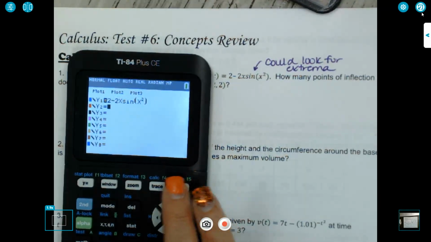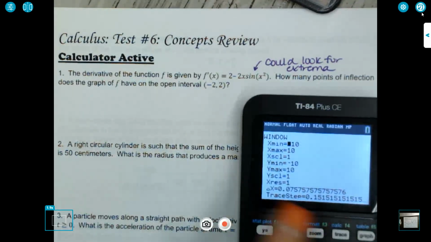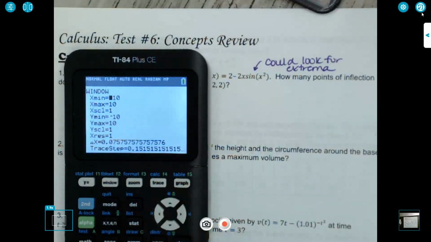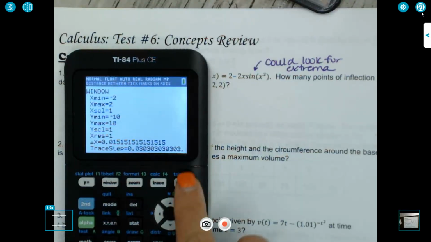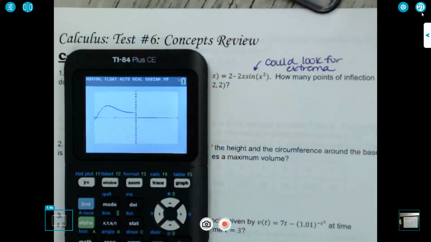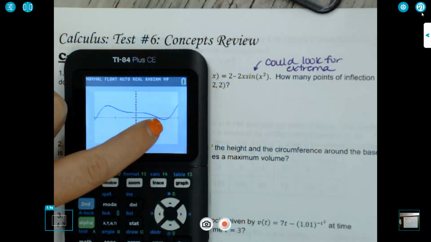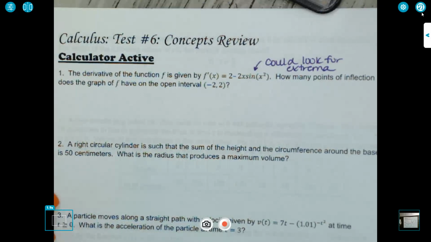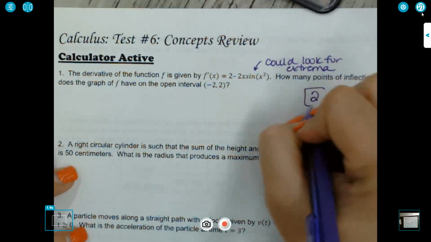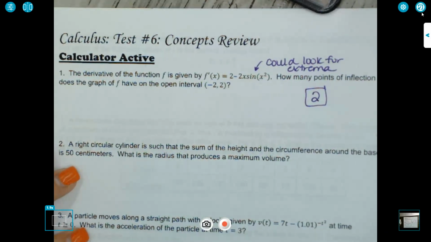Okay, and I'm going to change my window because we do only care about from -2 to 2. So I'm going to make my window from -2 to 2. We'll keep everything there for now. Okay, so -2 to 2, you can see right there that there is an extrema here and here. So our answer is in fact 2. Okay, that is one way you could do it.